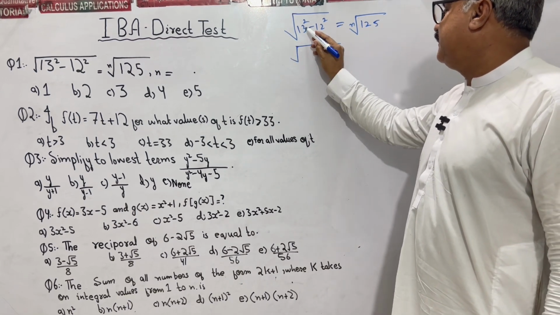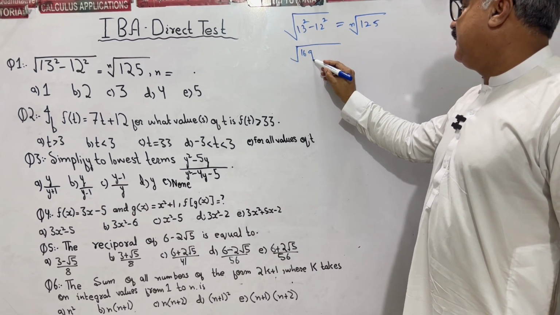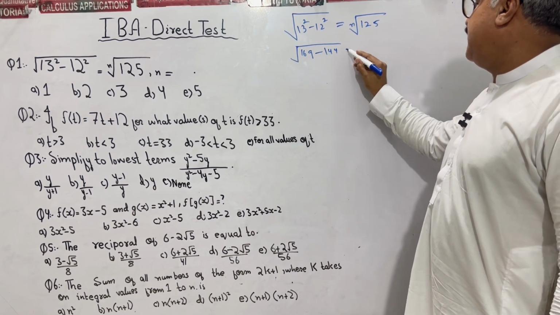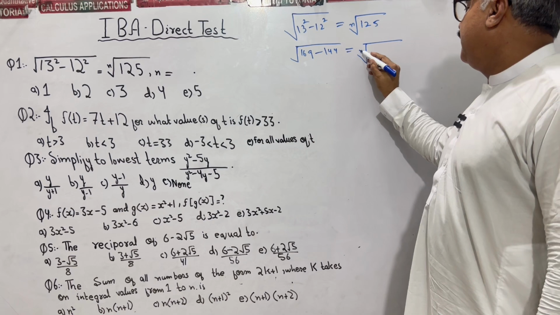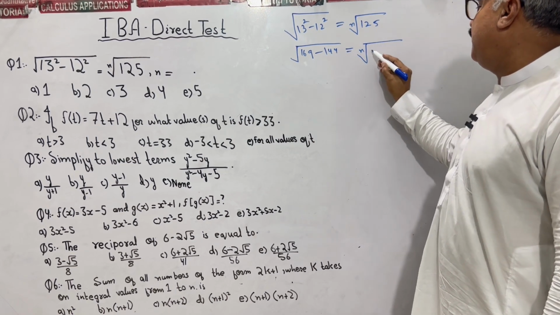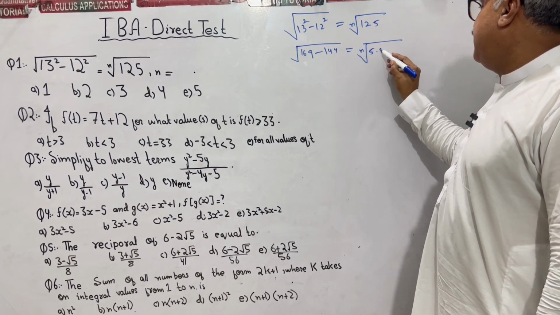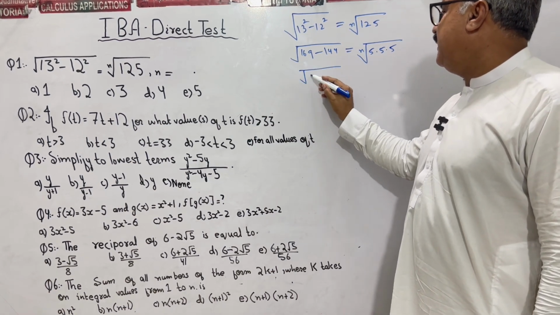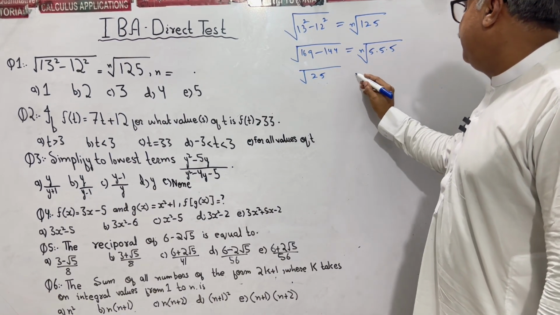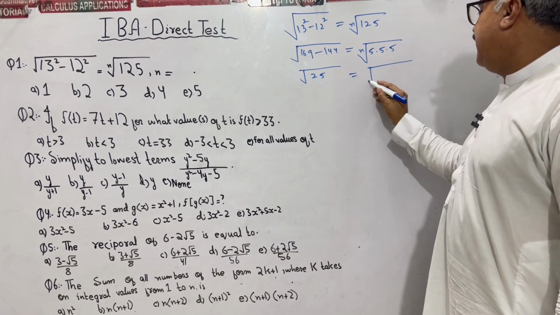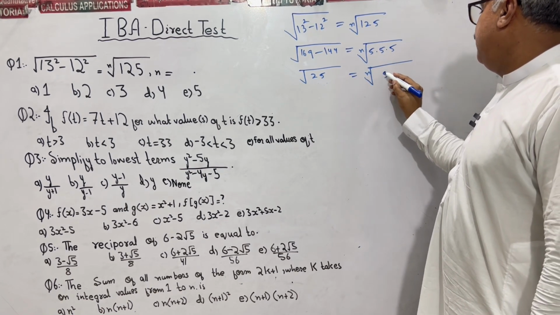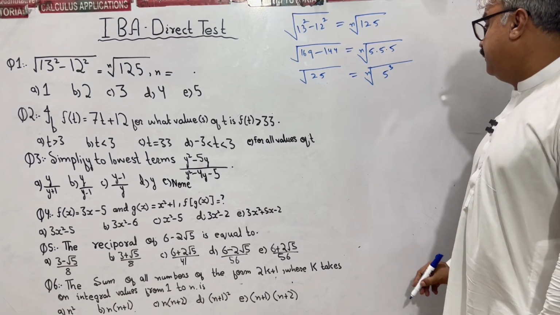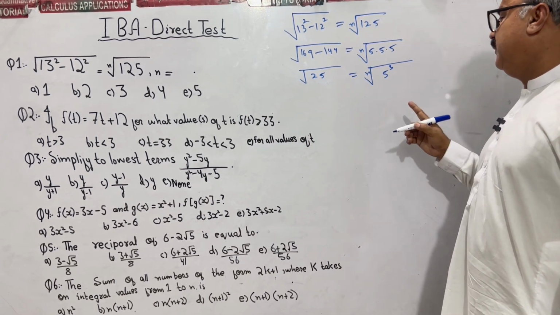13 squared is 169, 12 squared is 144. 169 minus 144 is equal to the nth root of 125, which can be written as 5 times 5 times 5. 169 minus 144, the result is 25, and here we have the nth root of 5 cubed.